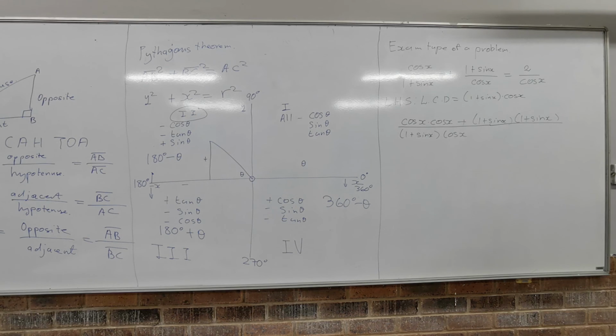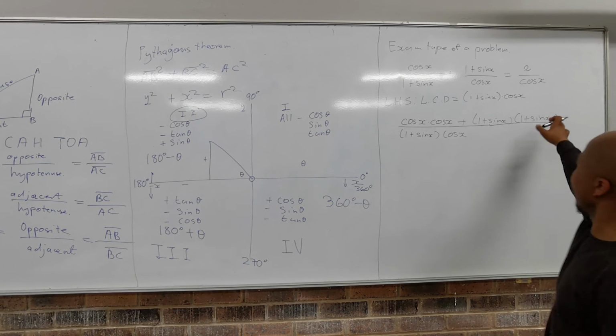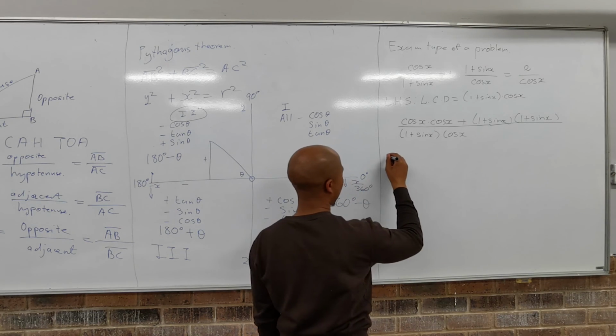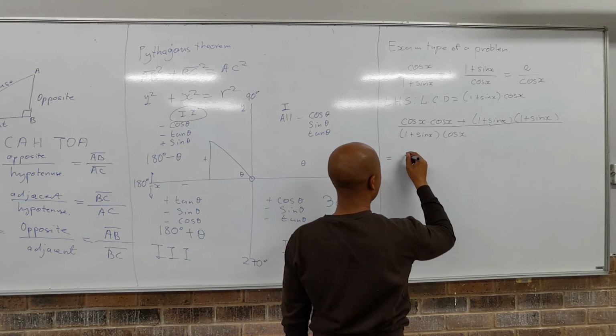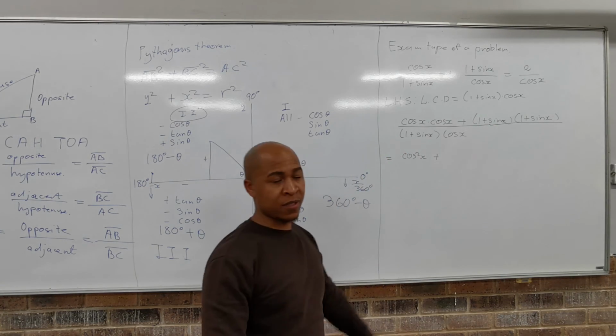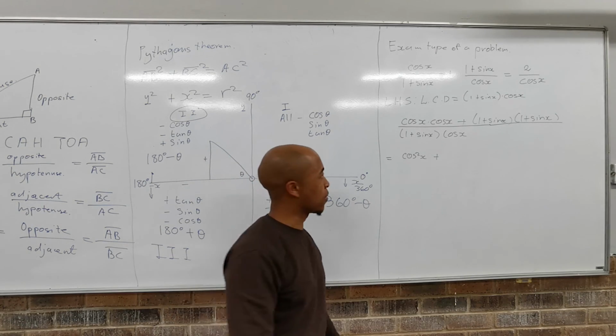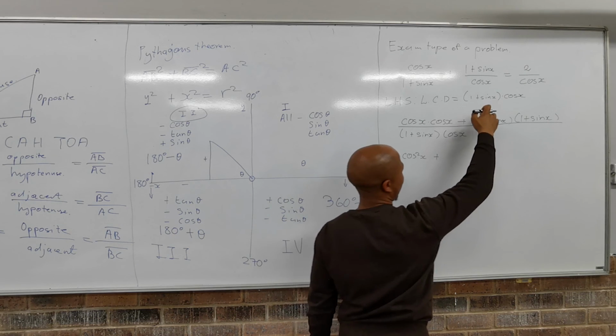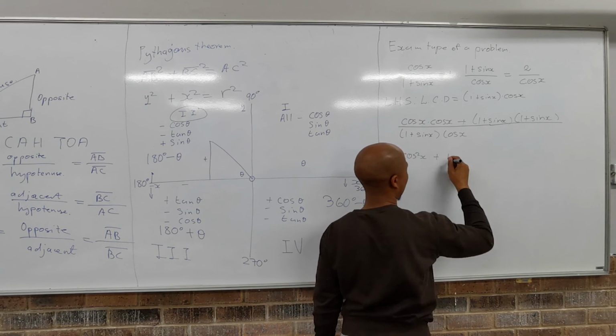Right. Okay. Let us manipulate and solve the numerator. Looking at the numerator, this is cos squared x plus, using the FOIL method, the same way as we have been doing, because we have two brackets. 1 multiplied by 1 is 1.